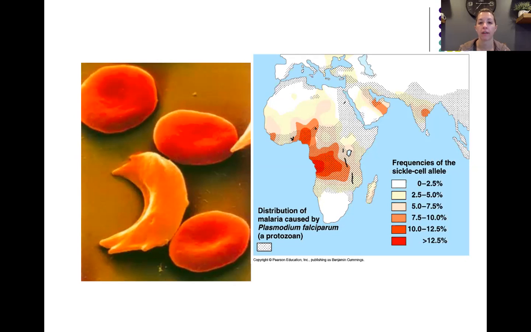However, if you are heterozygote, you actually have some of those sickled cells which don't allow the malaria protozoan to live in those blood cells. Therefore, you will not get malaria, and you won't be affected by sickle cell. So that advantage remains, which is why the sickle allele remains within the population.